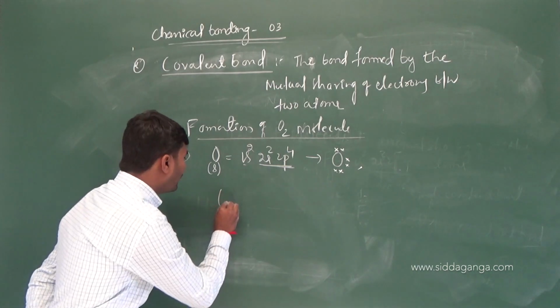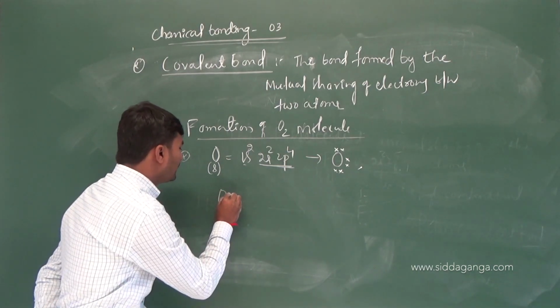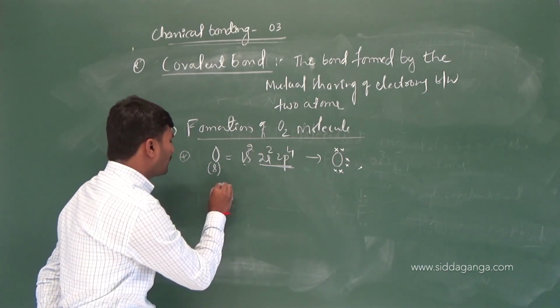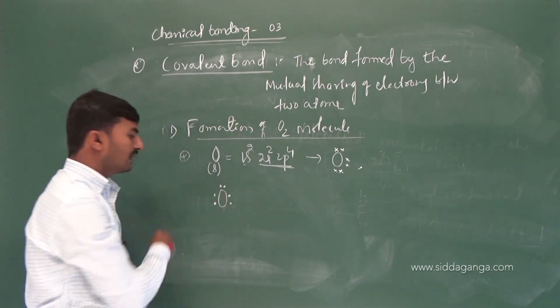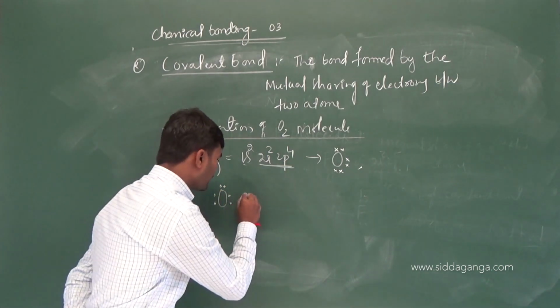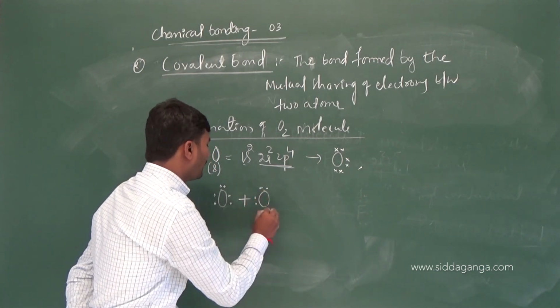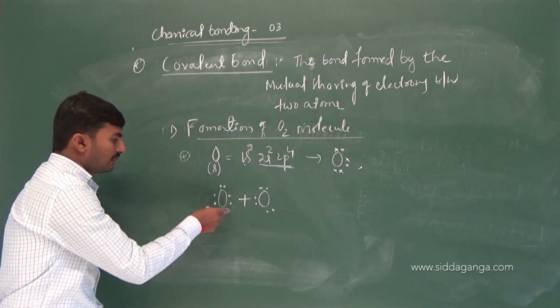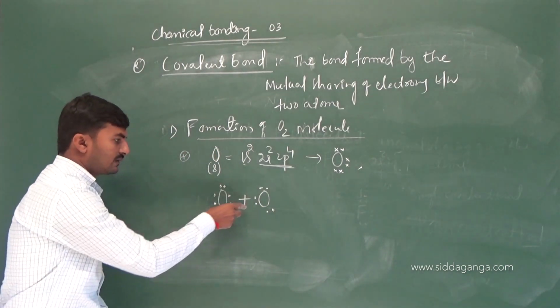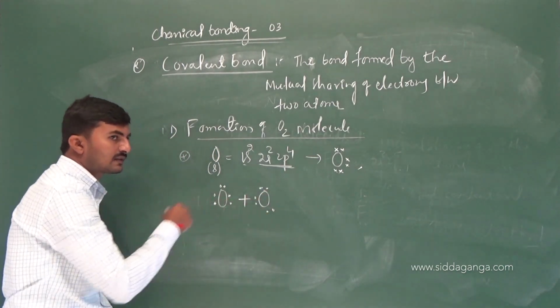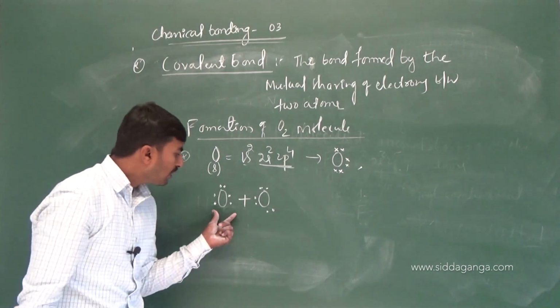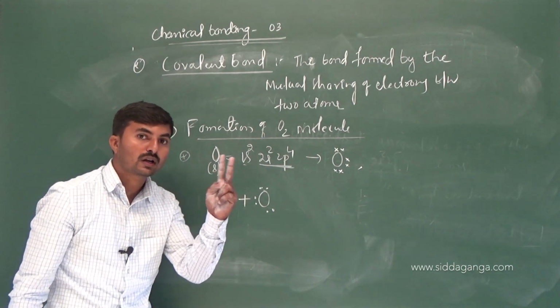Now, one oxygen contains 6 electrons, plus one more oxygen which again contains 6 electrons. But both oxygens require 2 more electrons.